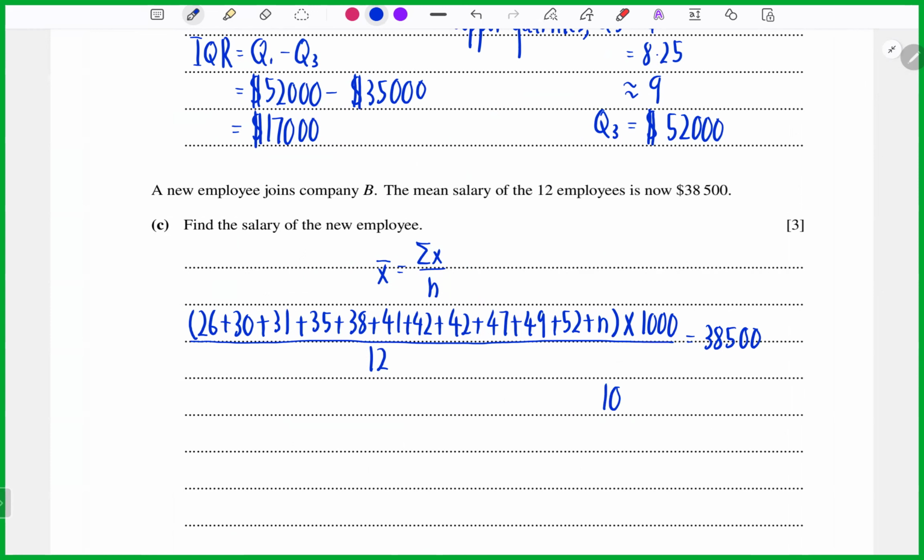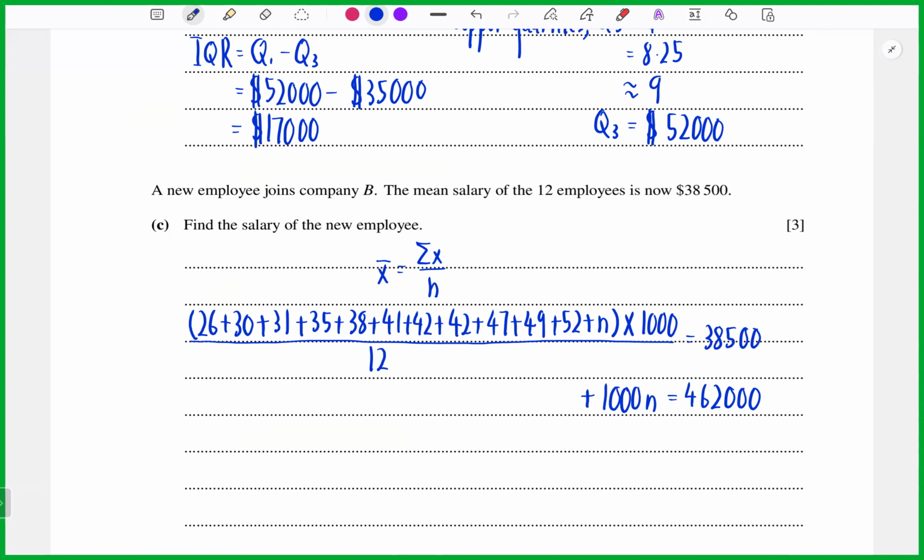So 1000 n plus the sum equals 38500 multiply 12. So you will get 462 thousand. And then for the sum, 26 plus 13 plus 31 plus 35, 38 plus 41 plus 42 plus 42 plus 47 plus 49 plus 52, multiply 1000.